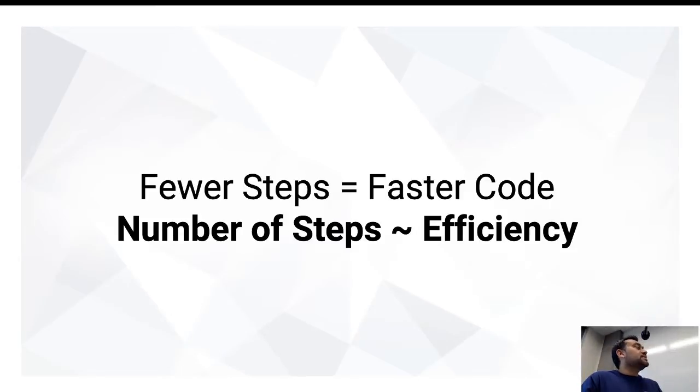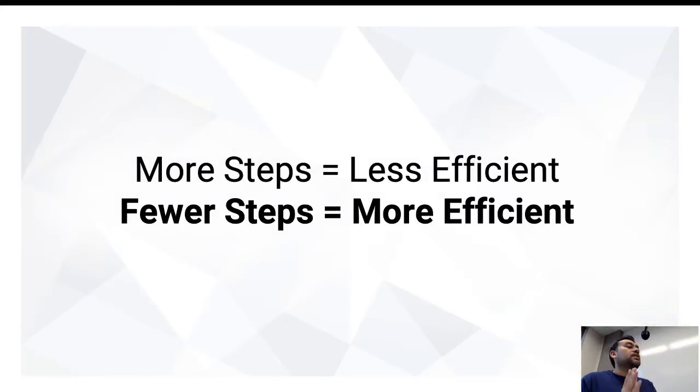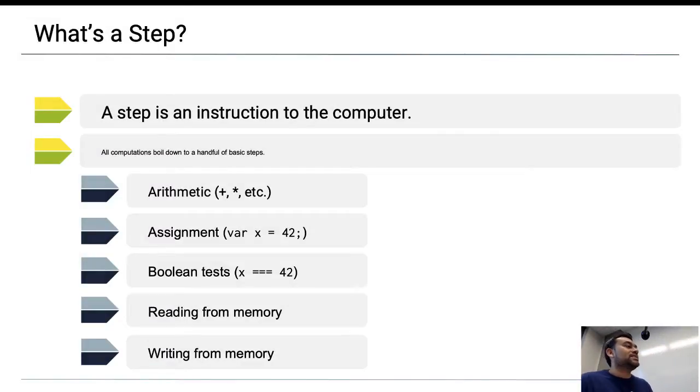Fewer steps means more efficient. That's how we measure efficiency. More steps, of course, is the opposite: the more loops it runs, the more inefficient the algorithm is. All right, remember this part, and then we'll see what it is.